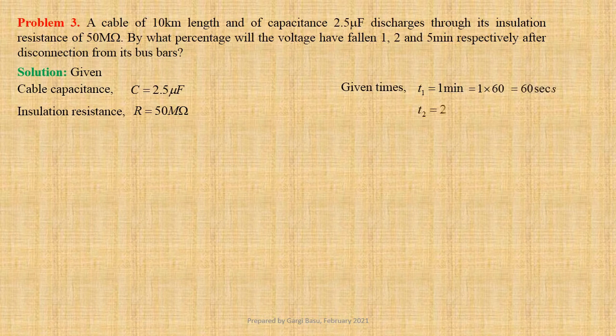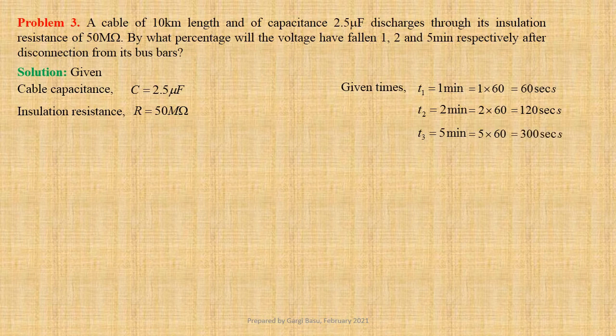T2 equals 2 minutes, that is equal to 2 into 60, that gives us 120 seconds. T3 equals 5 minutes, that is equal to 5 into 60, that gives us 300 seconds.